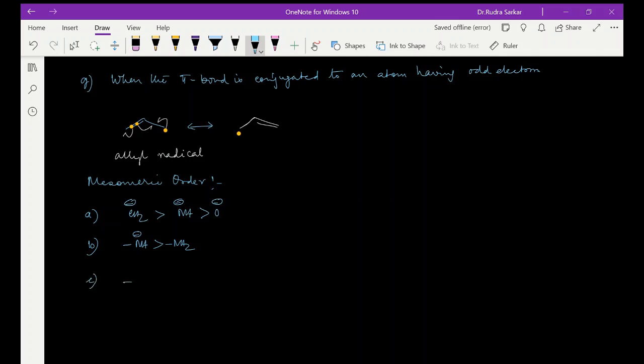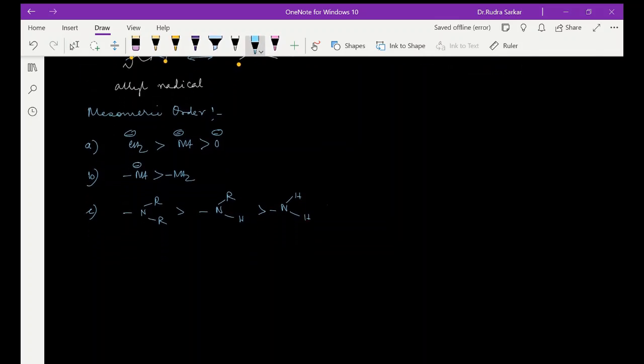Suppose you considered amines, then amines attached to 2R will be more electron donating than amine attached to 1R, which will be more electron donating than amine attached to only H, which will be more electron donating than the amine which is attached itself to an electron withdrawing group. Okay, and even more, so when it is attached to two electron withdrawing groups, it will be the least electron donating.